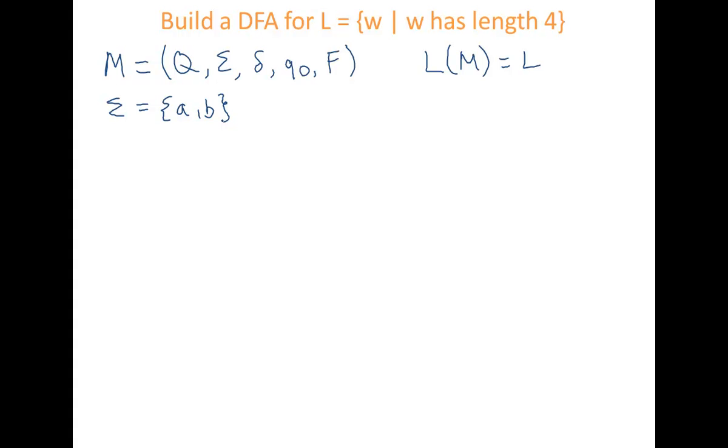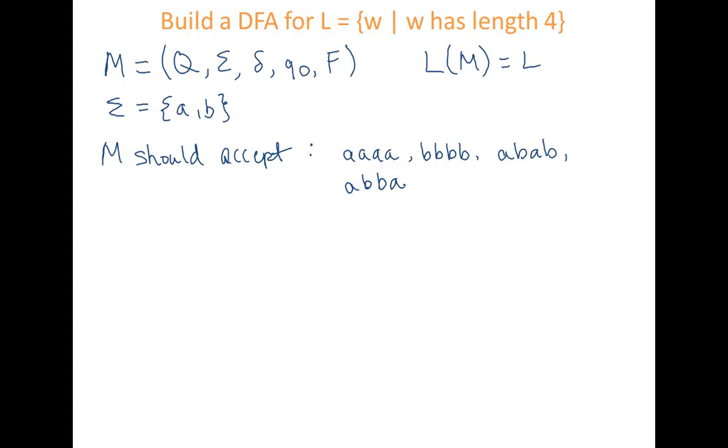These are going to be strings of length 4 that consist of characters A and B. So some strings M should accept, strings like A, B, or A, B, or A, B, A, or B, A. These are examples. There are many more strings that M should accept.